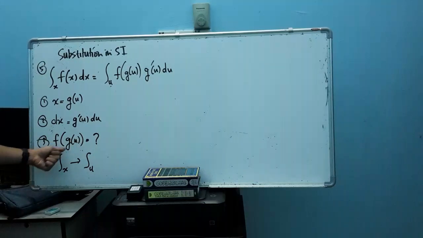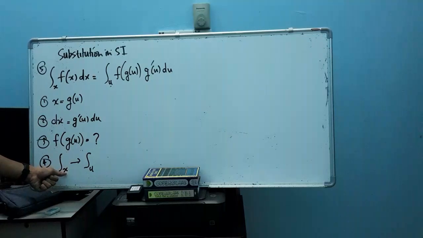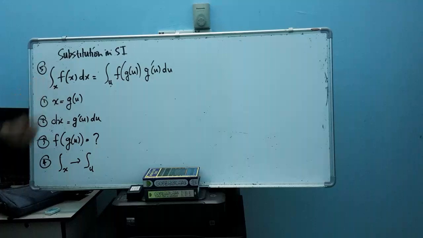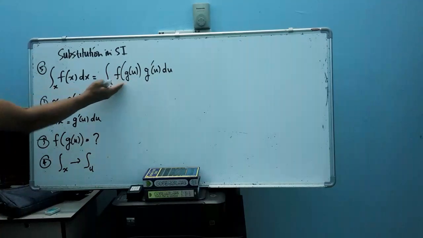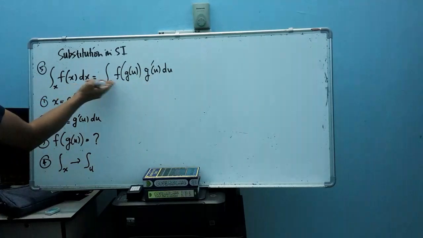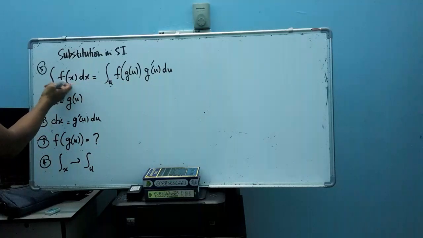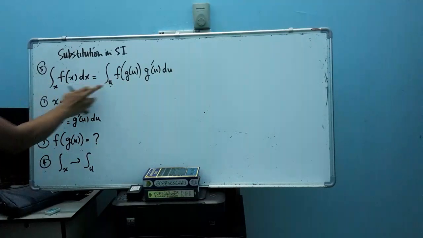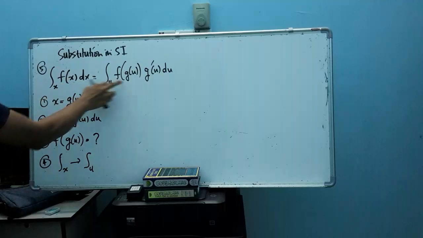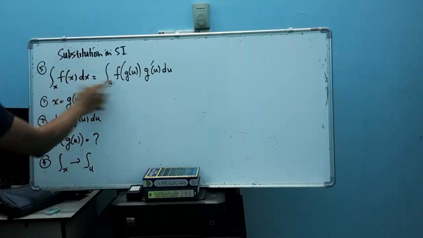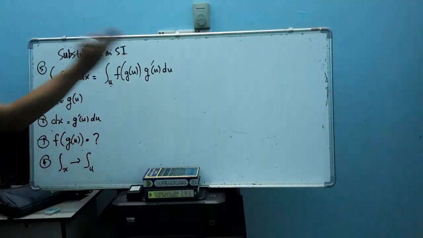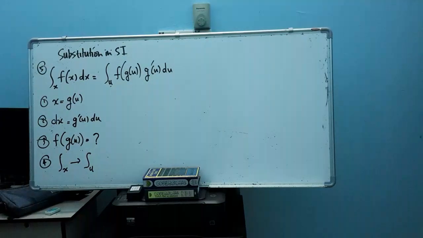Number 4, of course, don't forget to change the limits of integration from x values into u values. And step number 5, you substitute all the terms, and then you can evaluate this single integration.